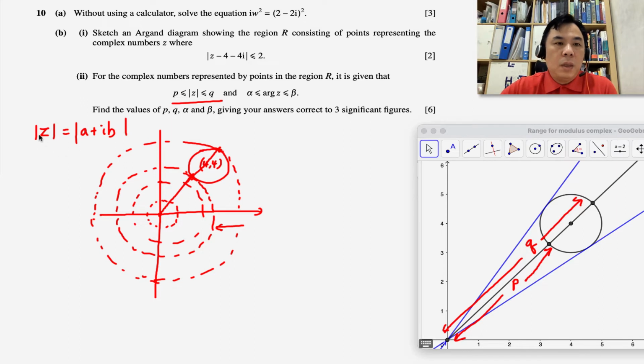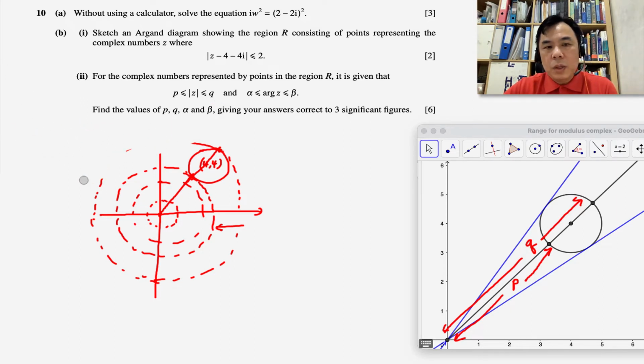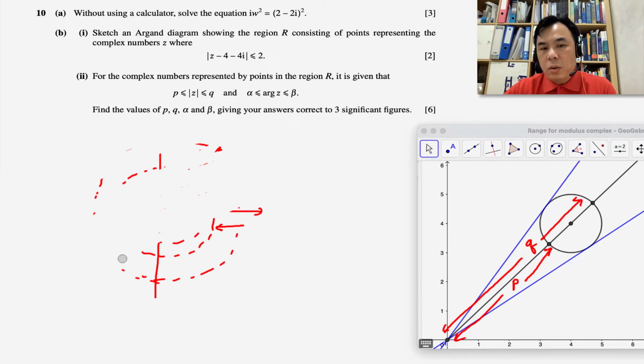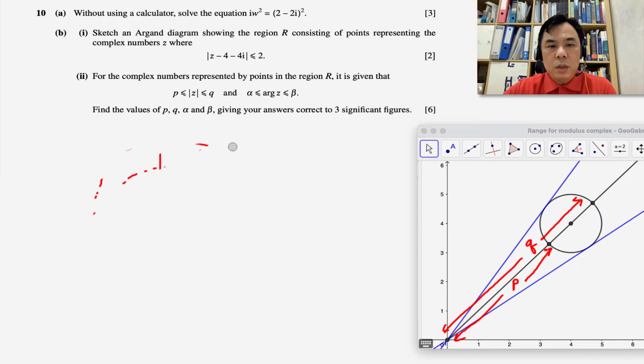All right, let me clear all this here, and then we can start to solve that. Let me do this very quickly. We're going to start off by finding the shortest distance P first. How do we find the shortest distance P here? It's also quite direct.